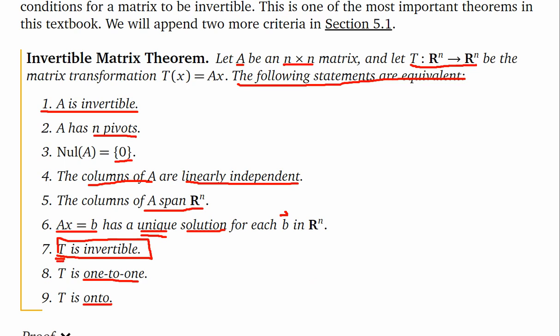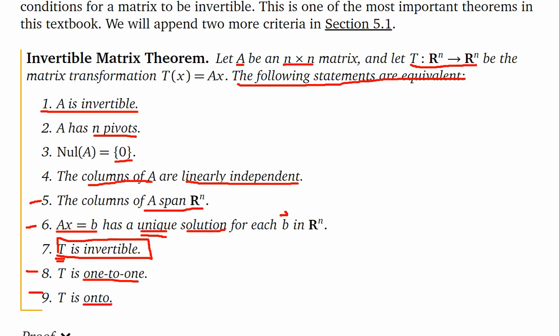Well, like we said, 5 implies 9, right? So if the columns of A span all of Rn, then T is onto, and if we have a unique solution for each b in Rn, then T is one-to-one. So just saying that T is invertible means that this transformation is invertible.